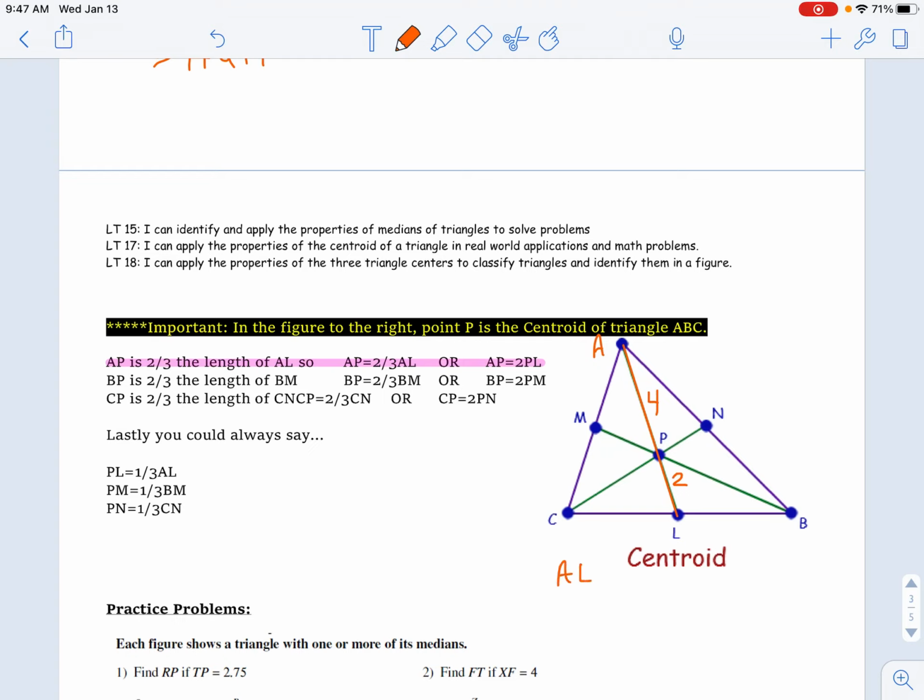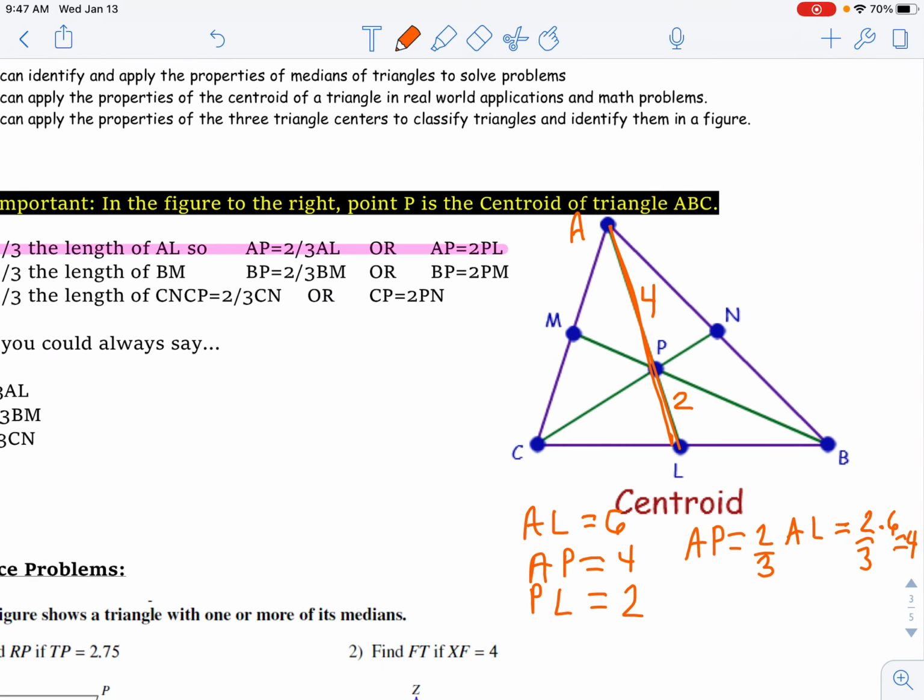AL is 6. All right, so since AL is 6, AP is 4. So I'm just using similar numbers as above, 2. All right. So this first one is saying AP is 2/3 the length of AL, which is true because AL is 6, and 2/3 of 6 is 4. All right, so that's why that one works.